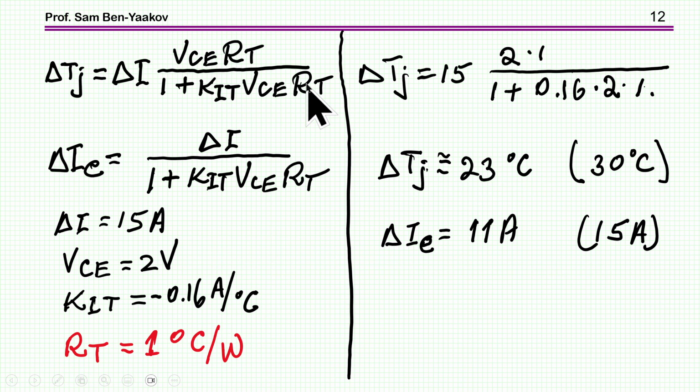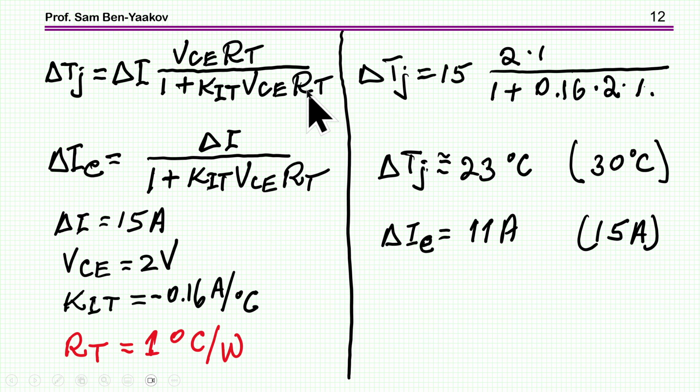You don't want the thermal resistance inside the transistor to be very large. It will stabilize the system. Why will it stabilize the system? Because if the thermal resistance is large, then a small change in the current will cause a large change in the temperature, which will change, of course, due to this K, the current.